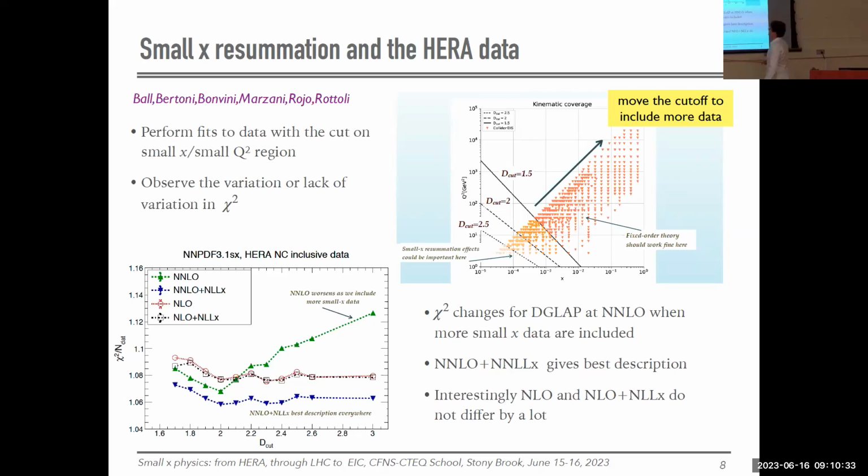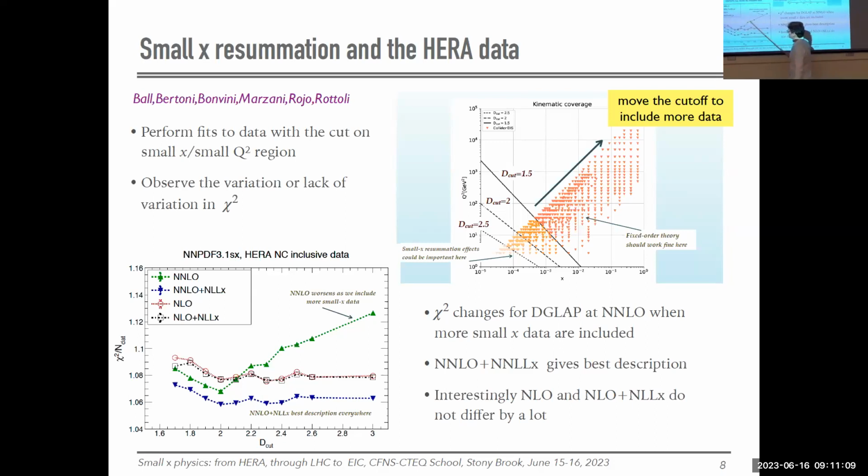And what was done was to take all the HERA data in x and Q squared, and then perform the fits at next-to-next-to-leading log, next-to-leading log, and then next-to-leading log with the resummation, and then systematically cut out data at small x and small Q squared and see the stability in chi-square. And this is the result. So here, the smaller this value is, the more data are cut.